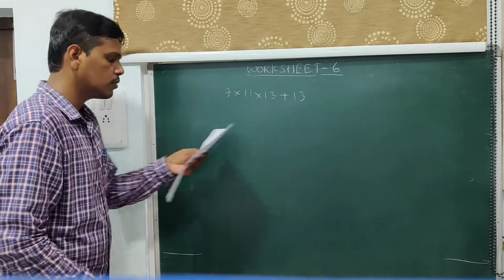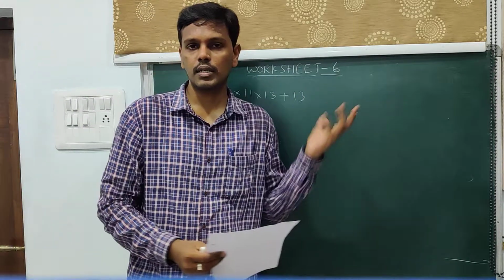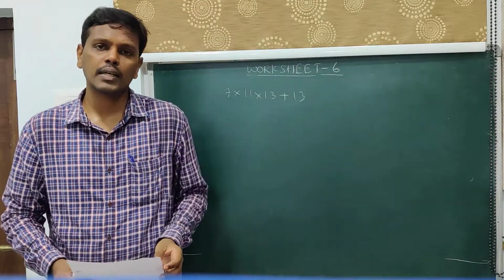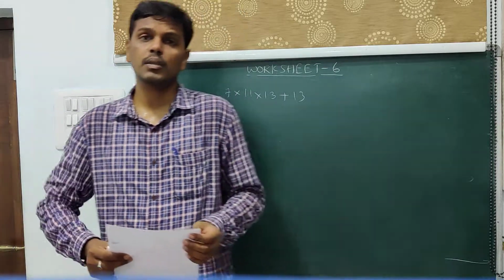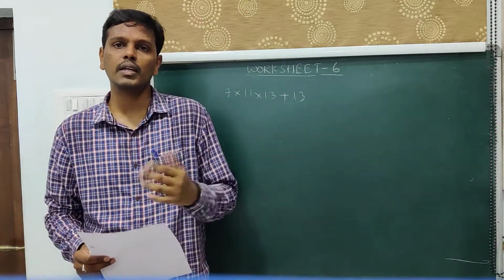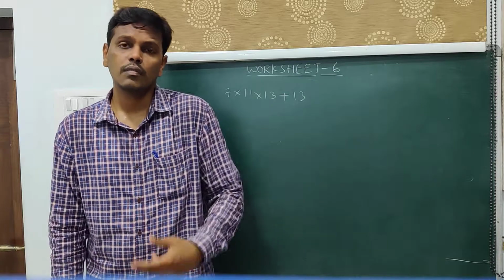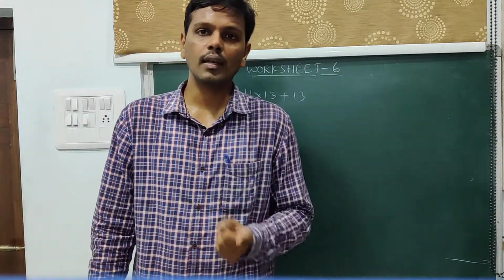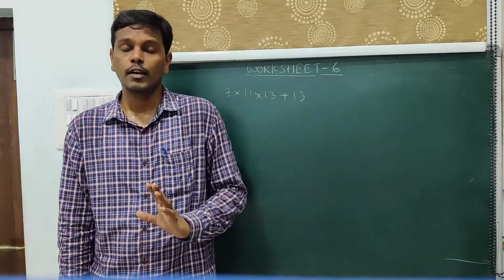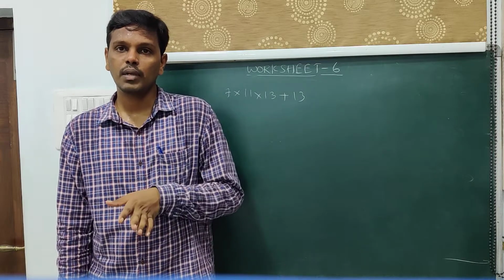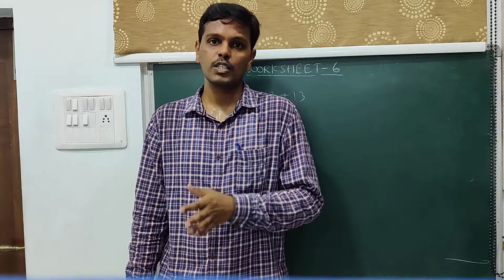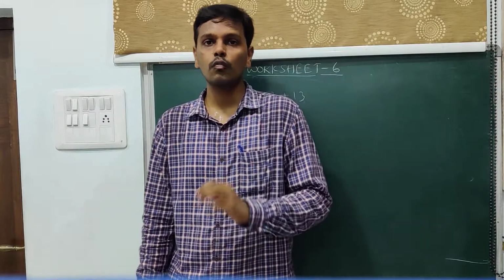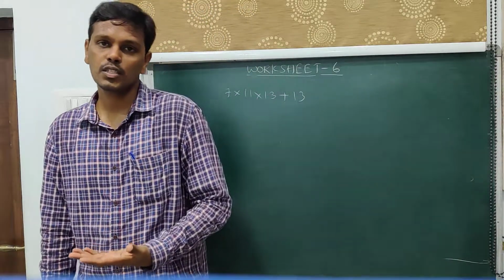Before I get into proving this number is composite, let me get back to the definition of a composite number. The definition says that a number which is not prime and greater than 1 is a composite number. A prime number has 1 and itself as factors. When we say a number is not prime, we mean that apart from 1 and itself, we also have other numbers as factors.